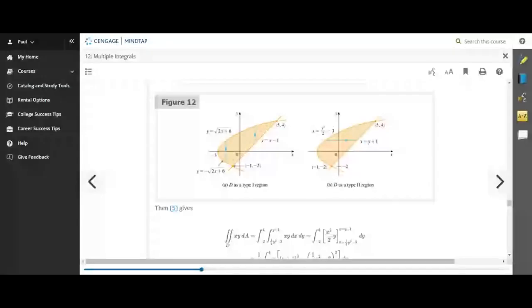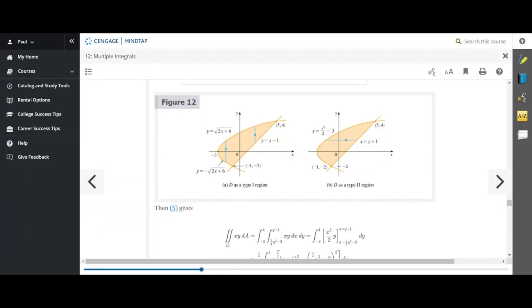So let me go back to the figure. Now, is it easier to compute this double integral treating D as a type 1 region, as they show on the left of figure 12, or treating D as a type 2 region, as they show in the second picture in figure 12?